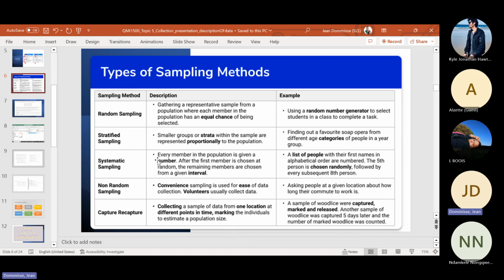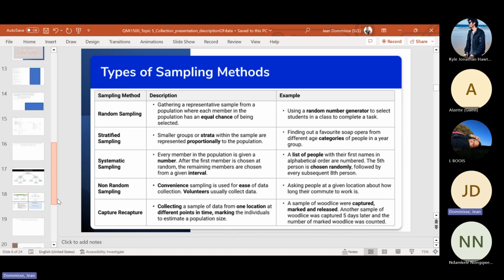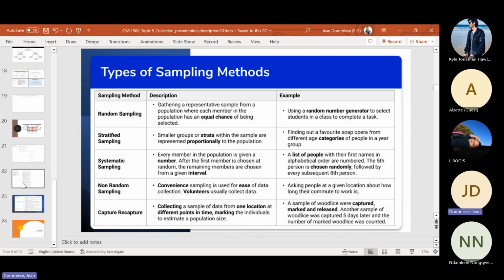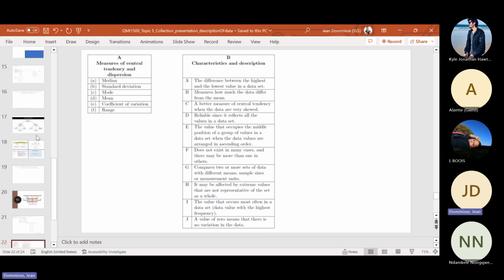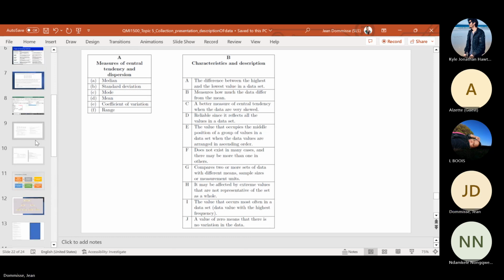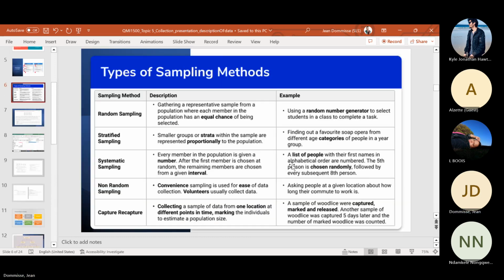Or what they can also do, where I now have this for mean and mode and those kind of things, is give you the different sampling techniques and list characteristics of each. So there's a few ways that they can ask you to work with sampling.